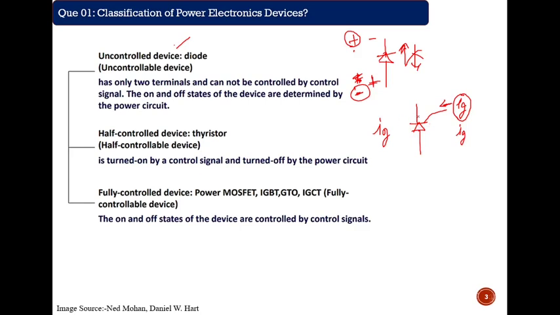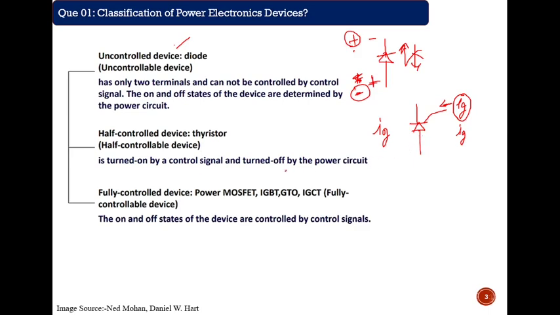To turn off these devices, you need the force commutation method or the line commutation method. There are different commutation methods involved. What is commutation? It means you have to turn off the device. So the thyristor is a half controlled device, because you can turn it on, but you cannot turn it off.